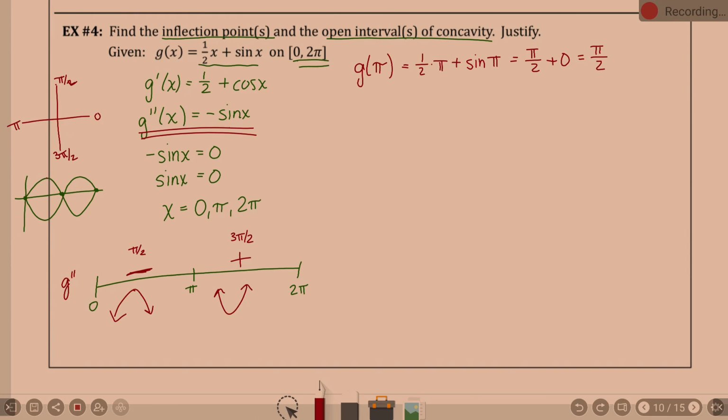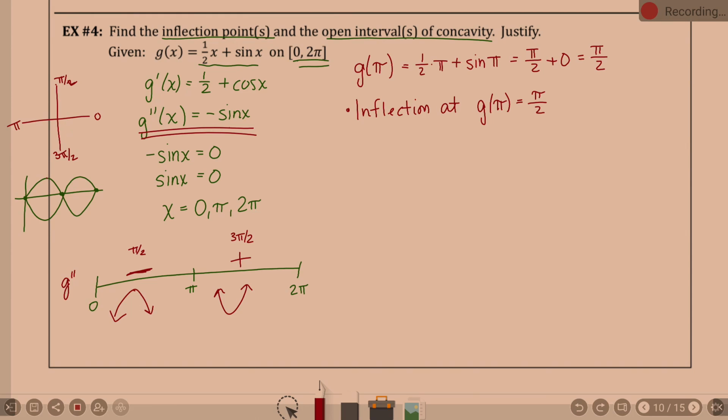Sorry, I just wrote a big long equals, equals, equals. That's okay. So the inflection point is at g of pi equals pi over 2.